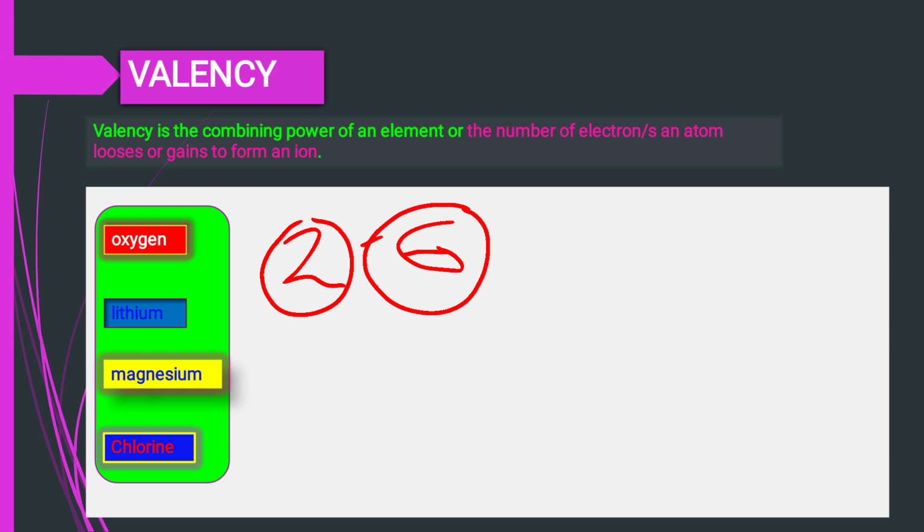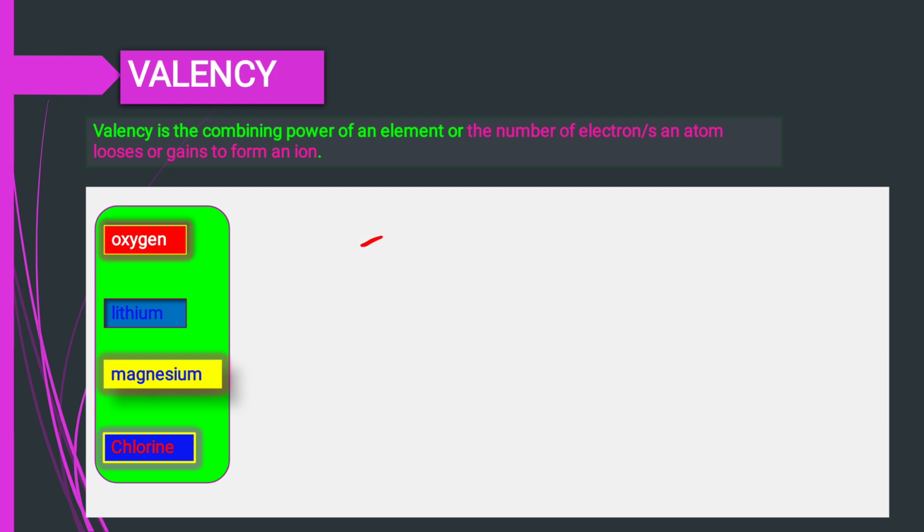Therefore, for oxygen to form an ion, it is easier for oxygen to gain 2 more electrons than to lose the 6 electrons. Look at this in a drawing.